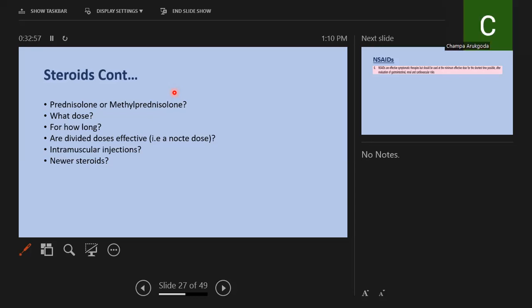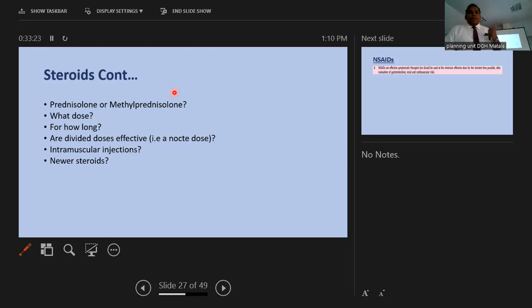The question: are intramuscular injections effective? If they do, they are really effective. In the NHS system, they give 120 milligrams of Depo-Medrone and ask the patient to come back with the investigations in 1 month's time. But in our setup, I find it difficult to give IM Depo-Medrone injections due to 2 reasons.